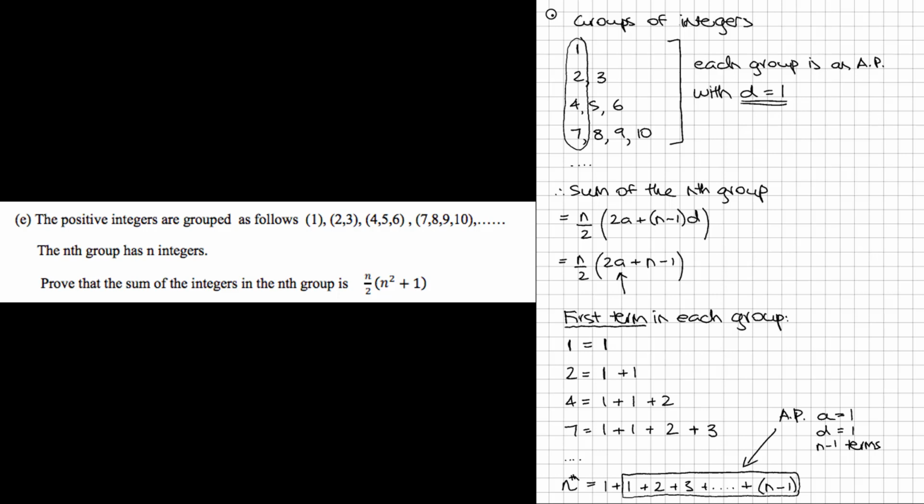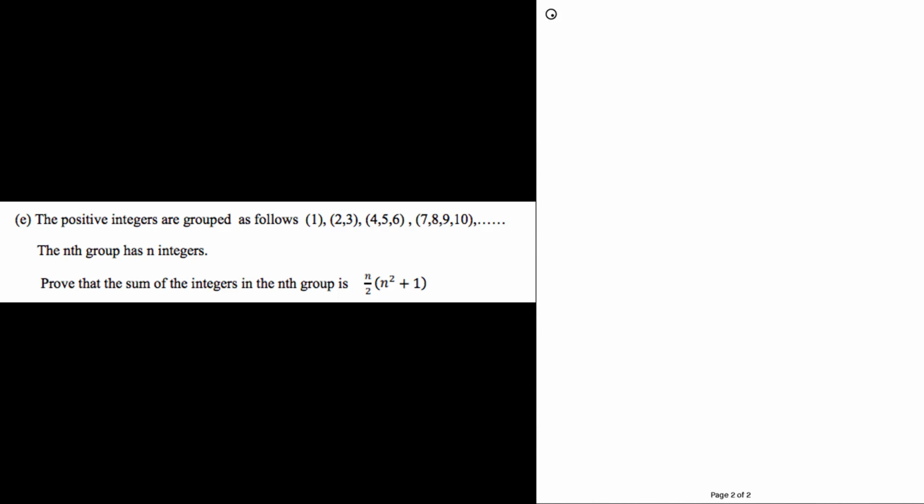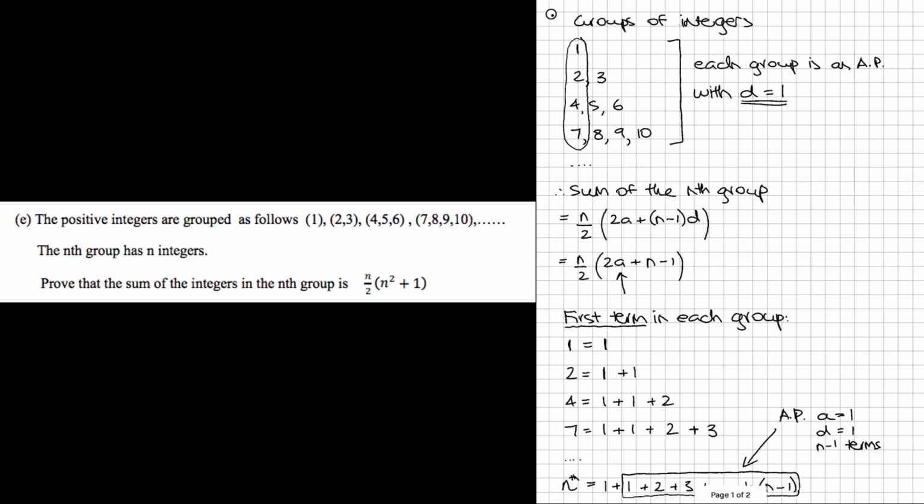So what I'll do is I'll turn over and then we'll say, therefore, the first term in the nth group will be equal to 1 plus, because we can't forget our first 1 here, plus, and now it'll be n on 2 times 2a plus n minus 1 d, but wherever we see n, we need to put n minus 1, because we've got n minus 1 terms.